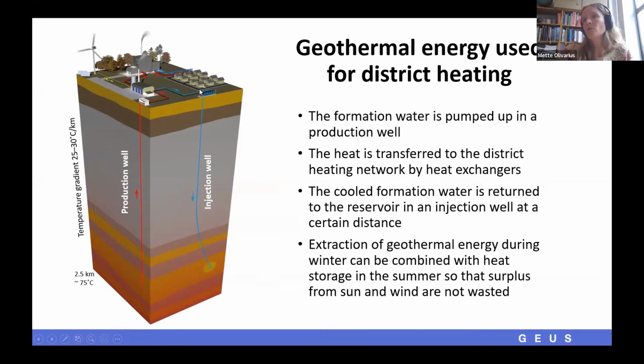And then the cooled water is returned into the reservoir. And that must then occur at a certain distance in the reservoir. And then extraction of this geothermal energy during winter can be combined with heat storage in the summer, such that surplus of other types of energy, such as sun and wind in Denmark, are not wasted.